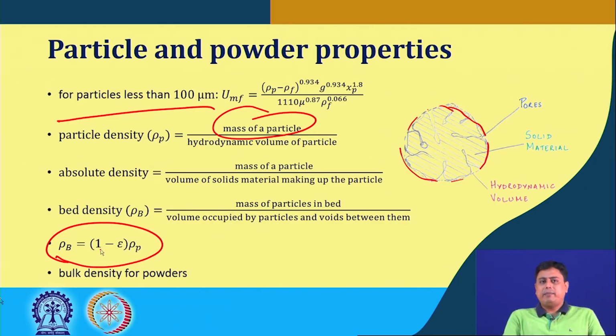These are the relevant parameters that we should remember, and they are easy to remember. And what is the relation between the particle density and the bed density? If you remember these expressions, you can always derive that.